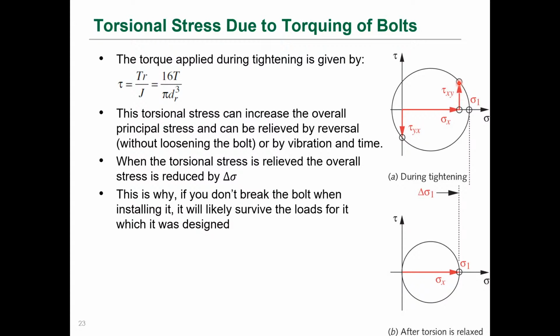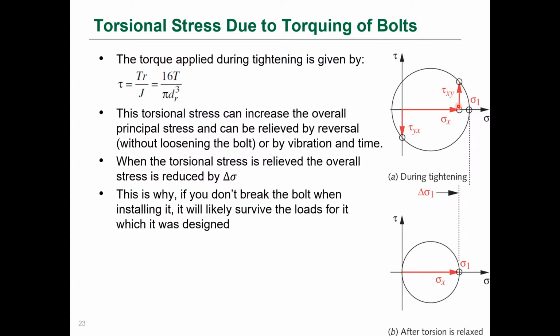When you're torquing that bolted assembly down, you get this shear stress that develops in the bolt, and that increases your principal stress. It makes it higher because you have a combined loading event: the axial load on that bolt plus this shear stress that you apply when you torque it down.